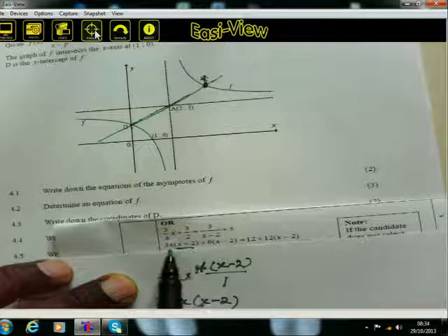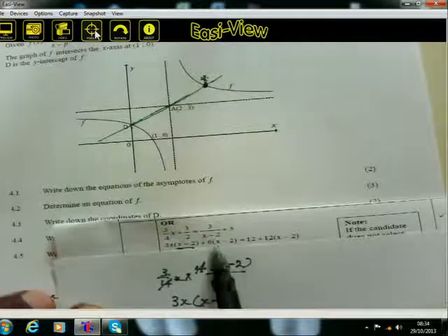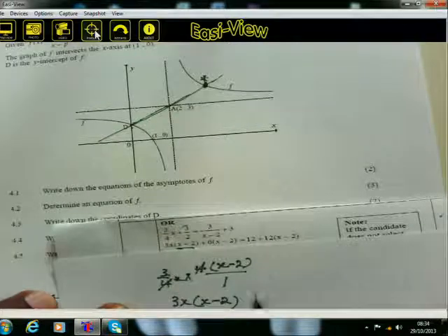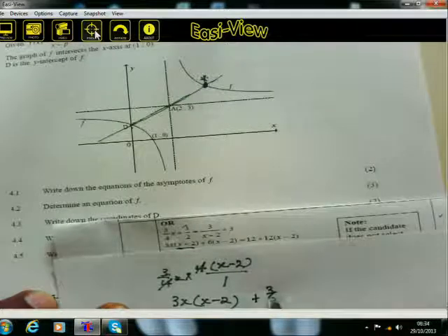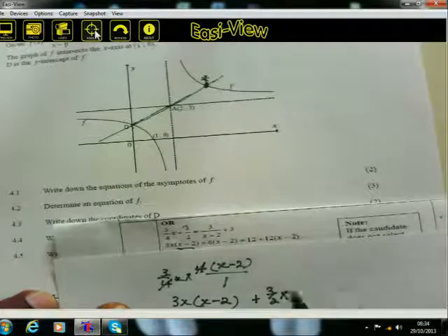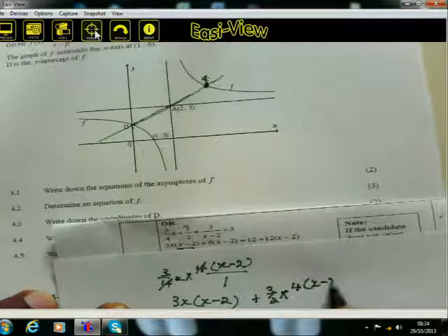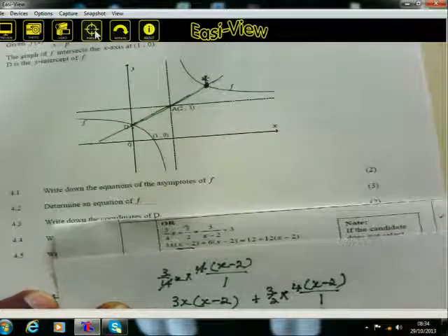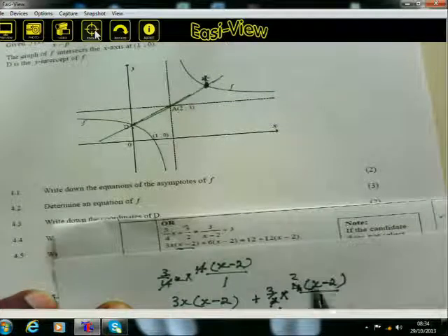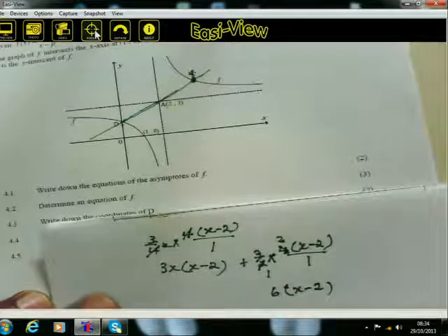Even here, the second one, plus 3 over 2, we multiply it by our LCD, 4 bracket x minus 2 over 1. What do we have? 2 goes once, there twice. 2 times 3 gives us what? 6 into x minus 2. Do you see that? 6 into x minus 2.